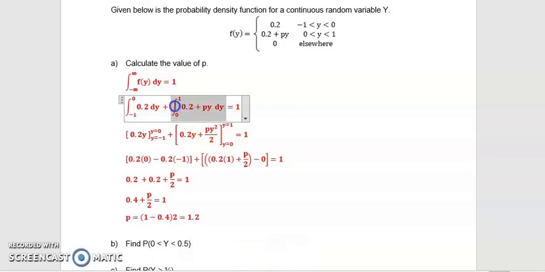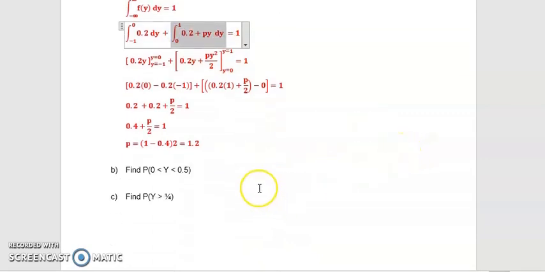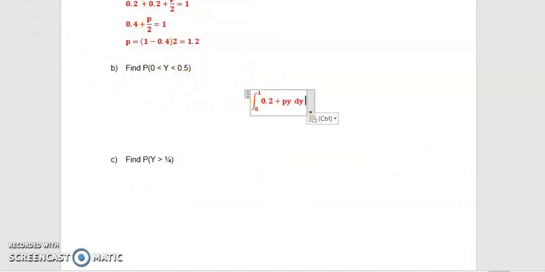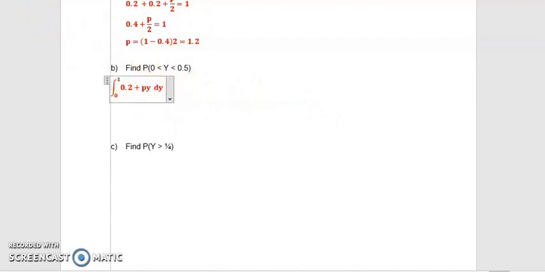Take this function only and integrate from the given limit, y more than 0 but less than 0.5.